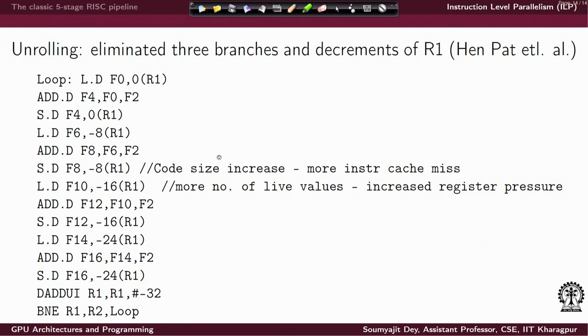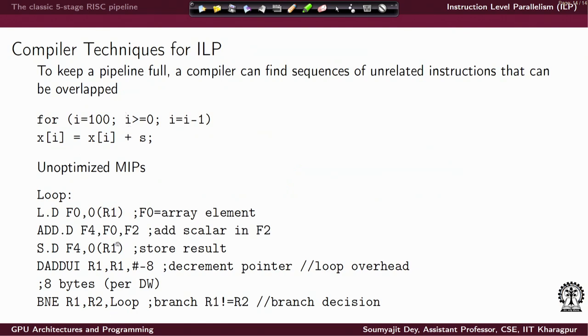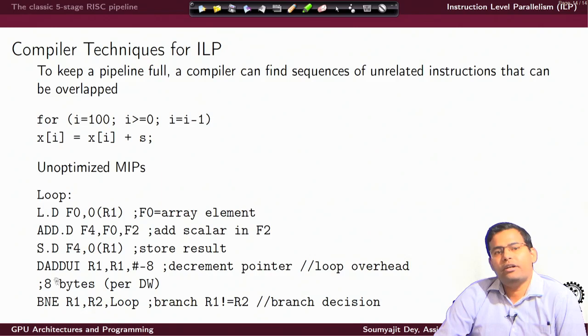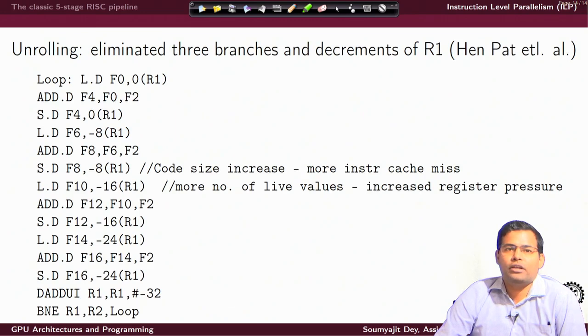Instead of executing these 101 iterations of the loop, it thinks, okay, I will execute this many divided by 4 iterations, and inside each iteration I will do 4 additions. Let us see how the code looks in that case.